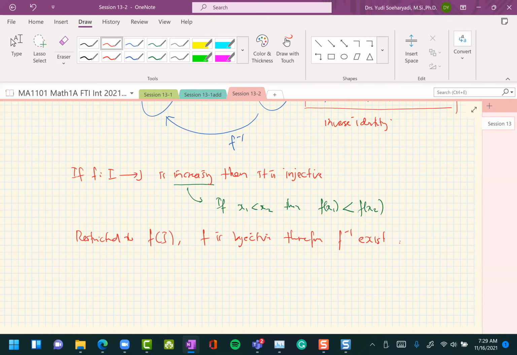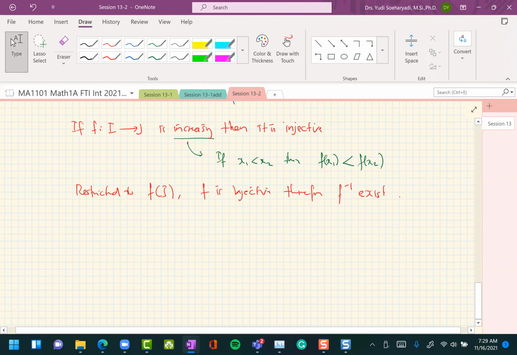All right. Further, now with calculus, if f is differentiable, then we know how it's increasing or decreasing.